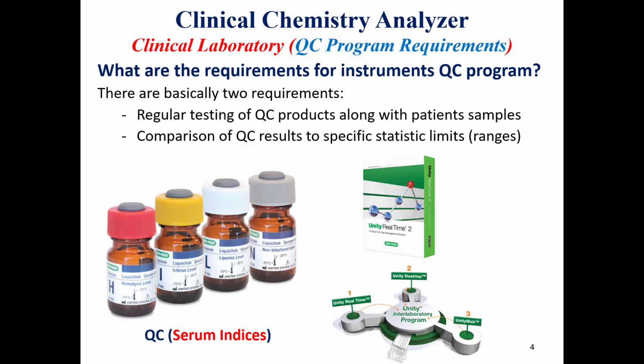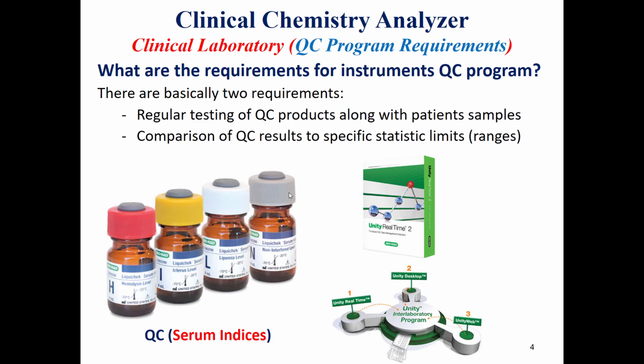There are two requirements for the running of a quality control program in a clinical chemistry analyzer. Firstly, we need a regular testing of quality control products along with the patient samples, and then the analysis of the quality control results to specific statistic limits or range using software.